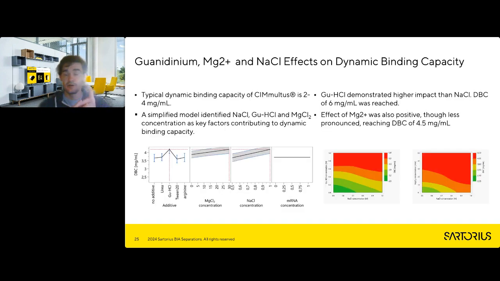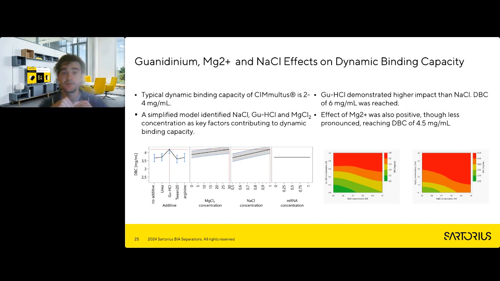And on the oligo-dT ligand, we usually get under normal conditions a capacity between 2 and 4 milligrams per milliliter of resin. And this simplified model identified sodium chloride, guanidinium chloride, and magnesium chloride as key contributing factors to binding capacity.